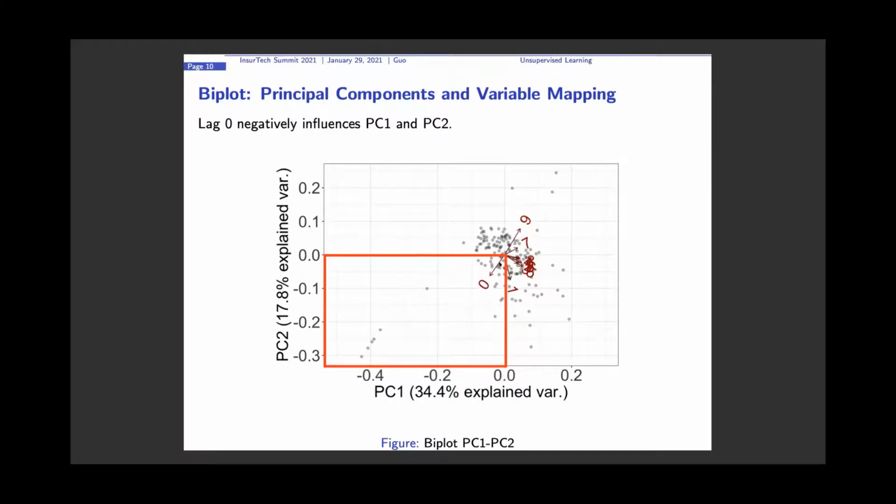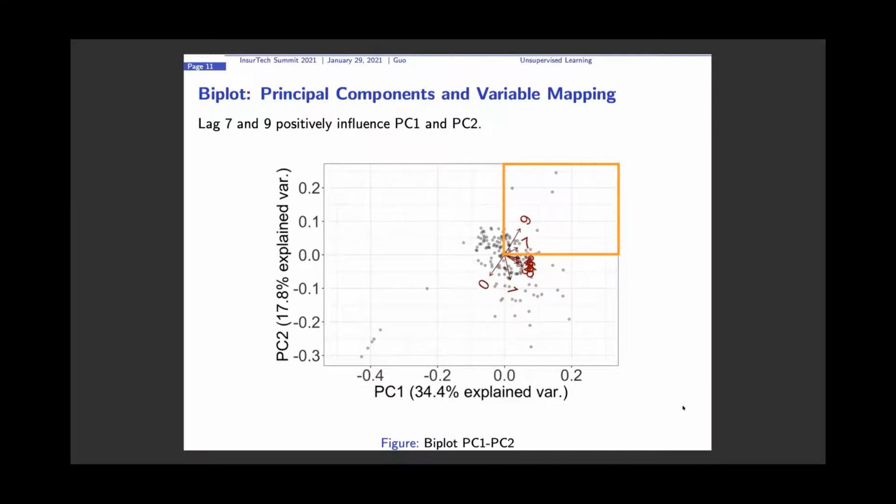Now you can see only lag 0 negatively influences our first principal component. That's saying the points to the left of 0 on the x-axis are likely to have a higher IRR in lag 0, especially the point in the lower left-hand side.